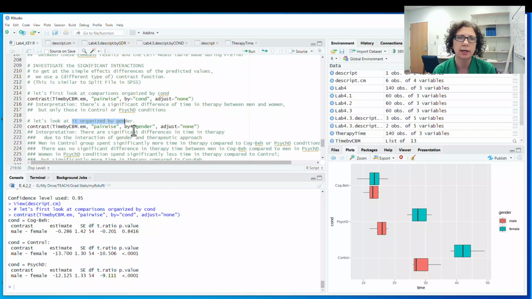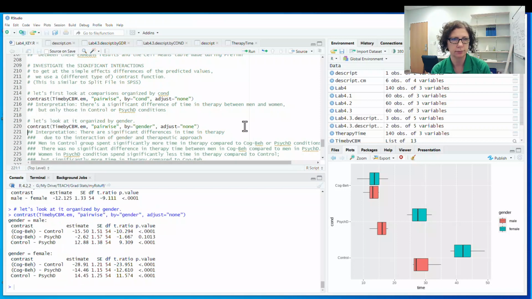So let's look at it differently, organized by gender. So I'm taking that same code from the prior one, but now I'm organizing by gender. So here, when gender is male, there's a significant difference between cog behavioral and control, and between control and psych D. But not a significant difference between cognitive behavioral and psychodynamic when male.